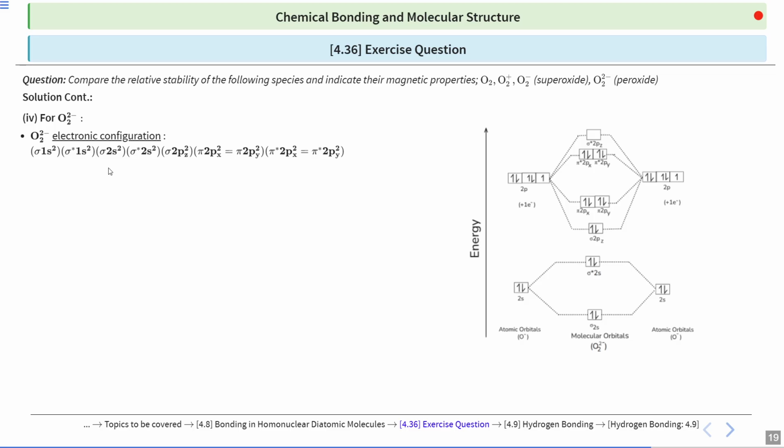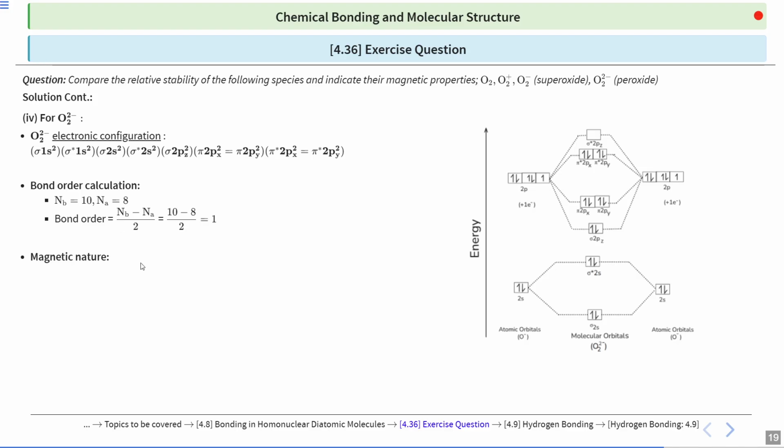Now we can calculate the bond order. The total number of bonding electrons is 10, and the anti-bonding electrons are increased by 2. 6 was the case for O2, 5 for O2 plus, and 7 for O2 minus. But in the case of O2 2 minus, it is 8. Therefore, you will get your bond order as 1. So this is the lowest bond order that you have seen till now.